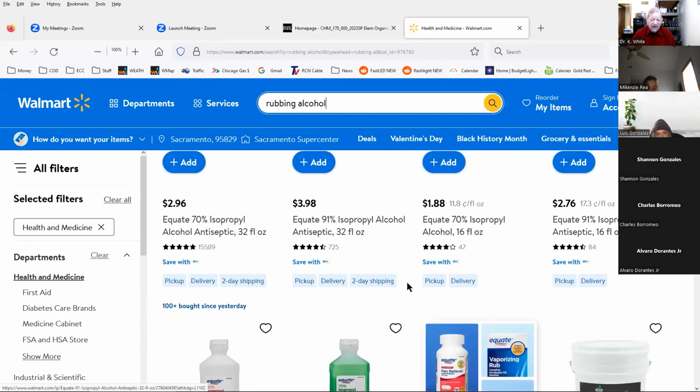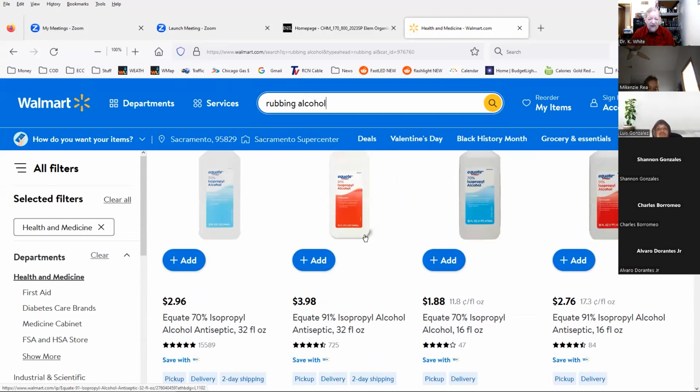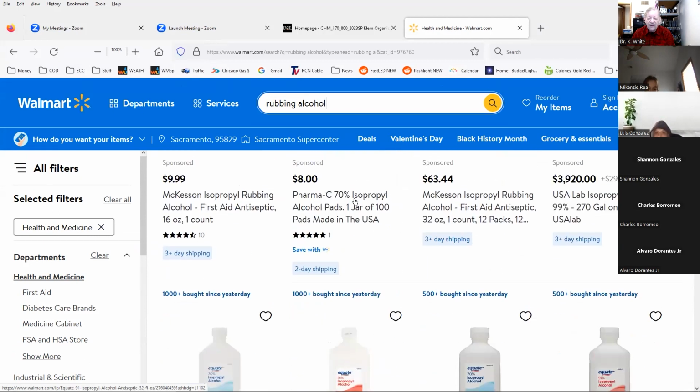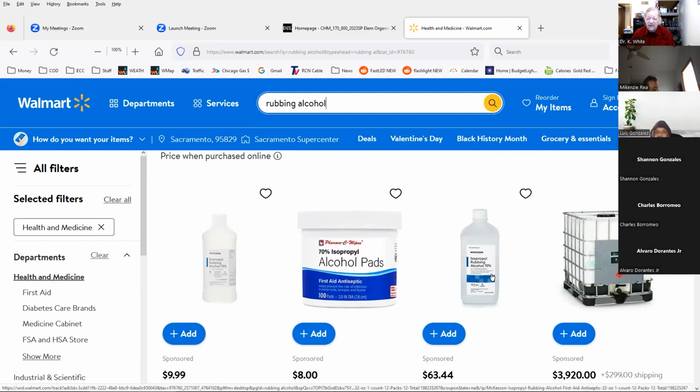And a couple of years ago, they started making 91% isopropyl alcohol. And this is known as rubbing alcohol. Same thing. I don't know why they have two different labels to it.